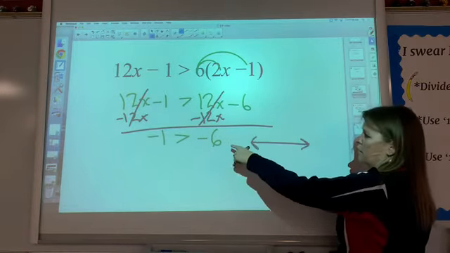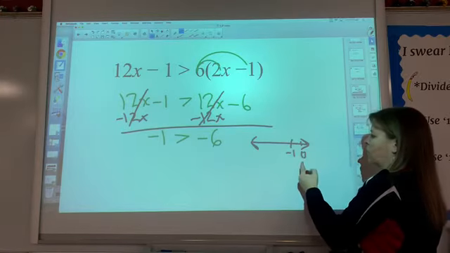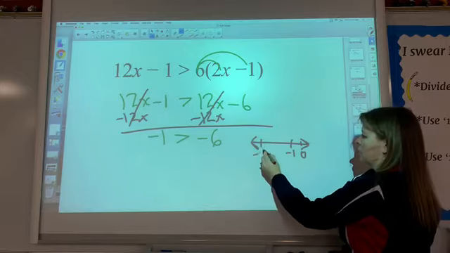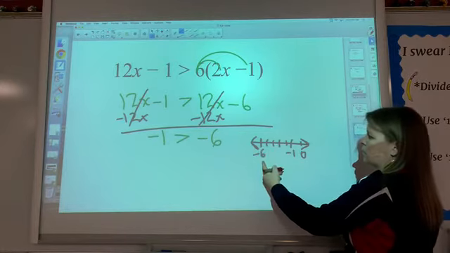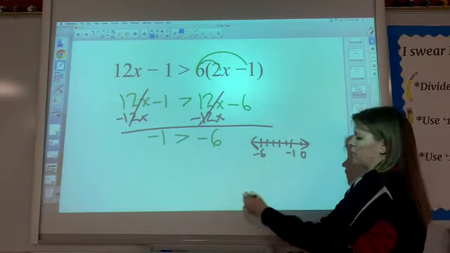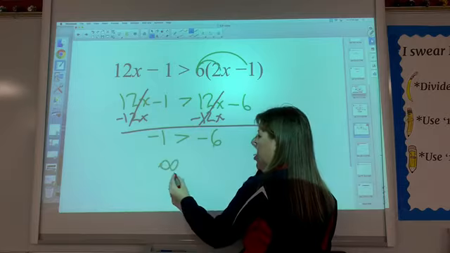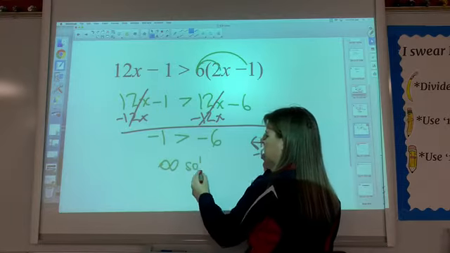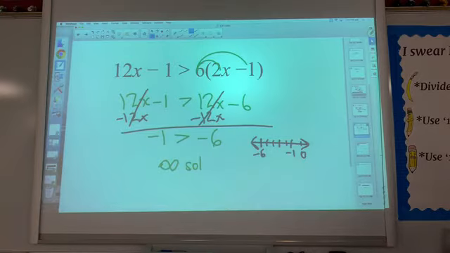You might be deceived by the numbers 1 and 6, but remember, negative 1 is way over here by the 0, and negative 6 gets smaller and smaller and smaller. So is negative 1 greater than negative 6? Yes, indeed it is. Therefore, we're back to an infinite solution. Negative 1 is definitely bigger than negative 6.